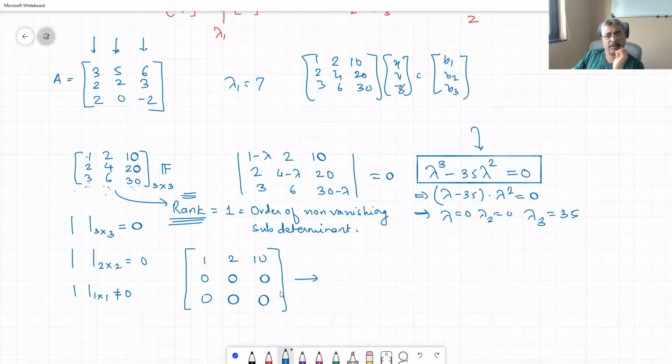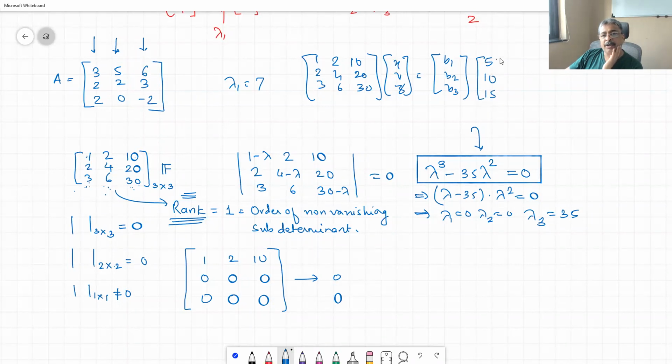Okay, now if you row reduce this and if you are expecting some solution out of this system, then of course your b2 and b3 after row reduction should be 0, 0. So let me write down b1, b2. Suppose b1 is 5, then b2 is 10 and b3 should be 15.